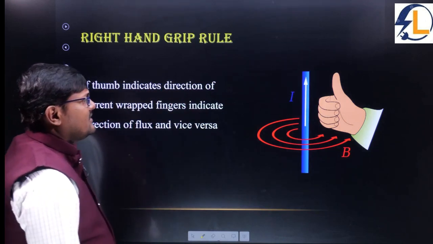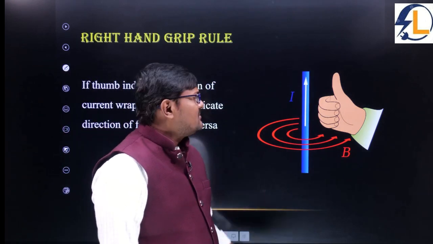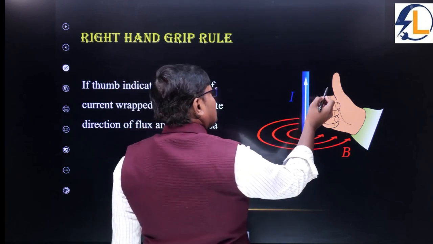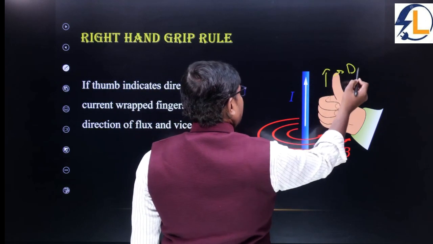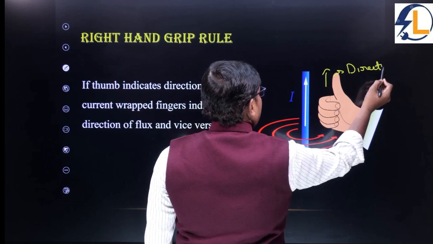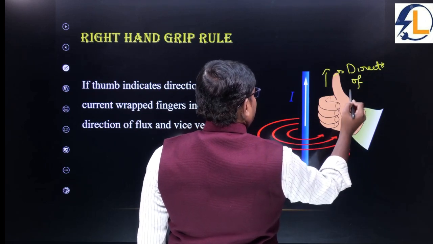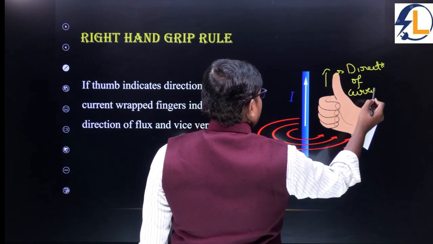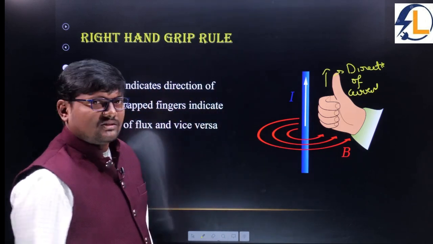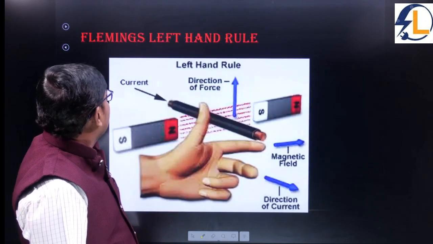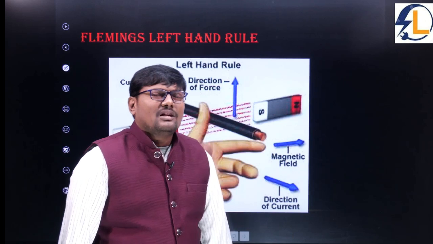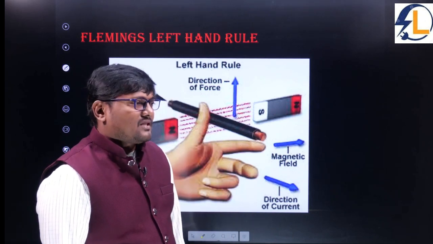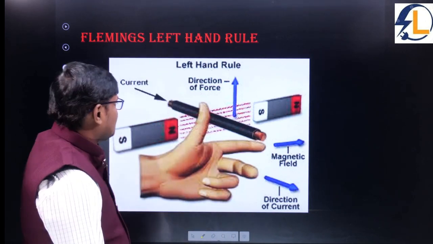And this is about the right hand grip rule. If the thumb indicates the direction of the current, the curled fingers represent the direction of the flux, and vice versa. And this is about Fleming's left hand rule. As we discussed already, stretch the three fingers, one perpendicular to another.